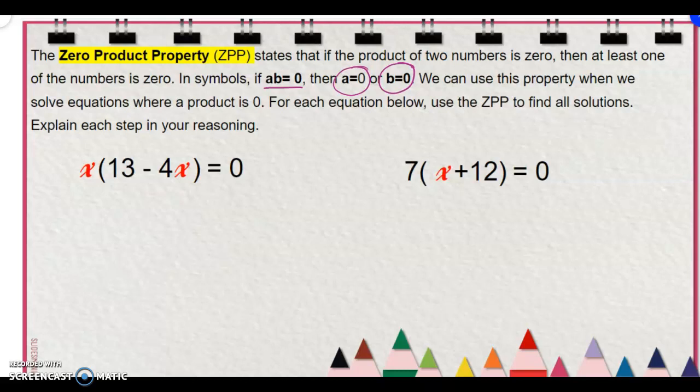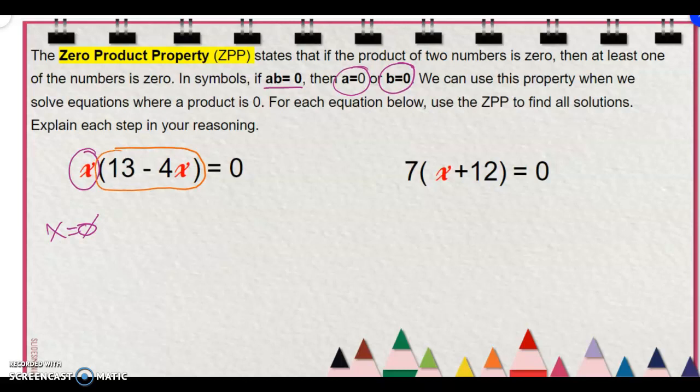When we're looking at this first one here, either the x on the outside can be equal to 0, or the parentheses option here needs to be equal to 0.